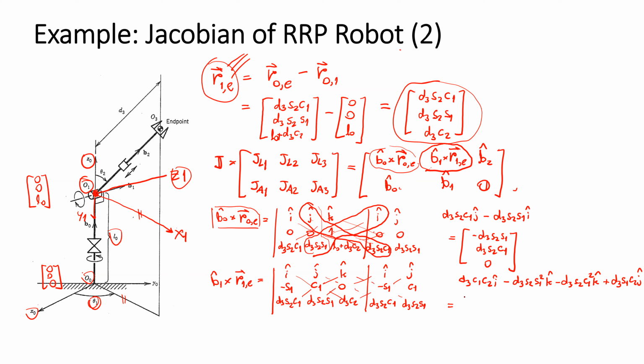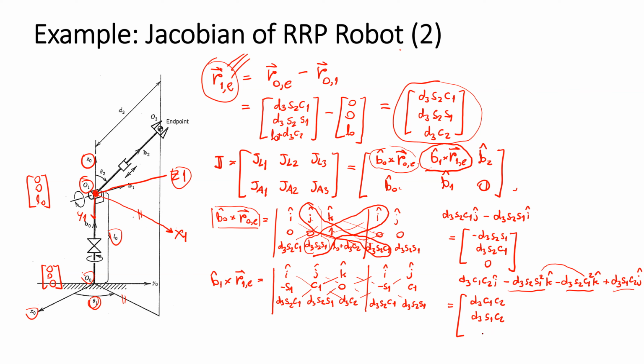So for the I component, we have D3 C1 C2. For the J component, we have D3 S1 C2. And for the K component, sine square plus cos square equals 1, right? We can sum these two common terms.